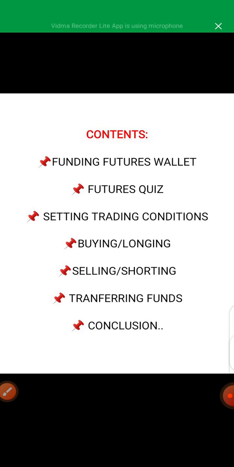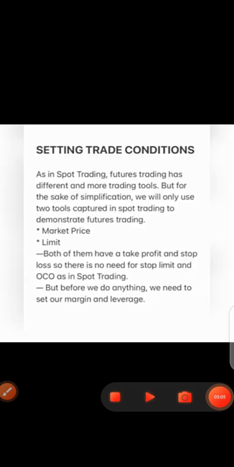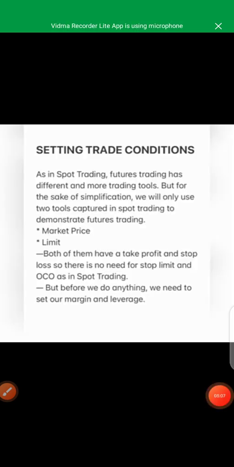The next thing is setting trading conditions. As in spot trading, futures trading has different and more trading tools. But for the sake of simplification, we will only use two tools copied from spot trading to demonstrate futures trading.